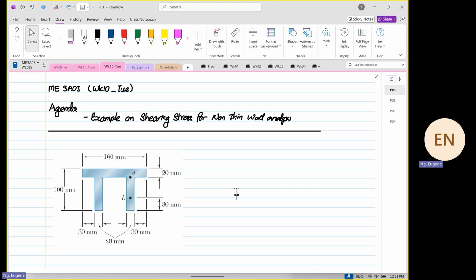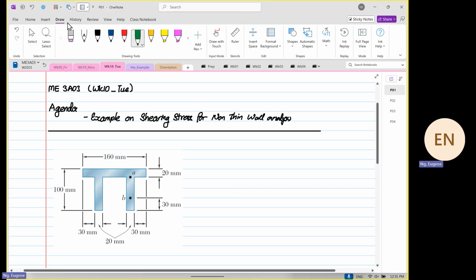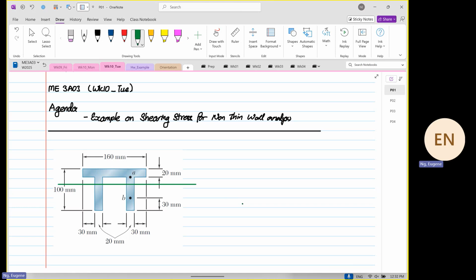So we did this example yesterday. Okay, so what I'm trying to show you is this. So if we know that over here this is our geometric centroid.